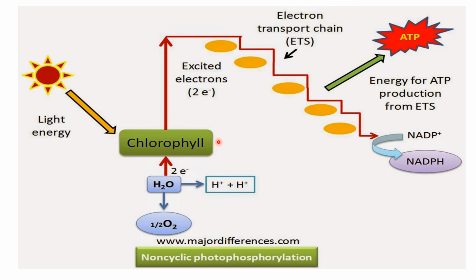Now in this slide, this is to give you the idea of what is happening in photophosphorylation. Just look at this one. In a plant cell there is a chloroplast, and in the chloroplast there is chlorophyll, which has the capacity to absorb light energy.